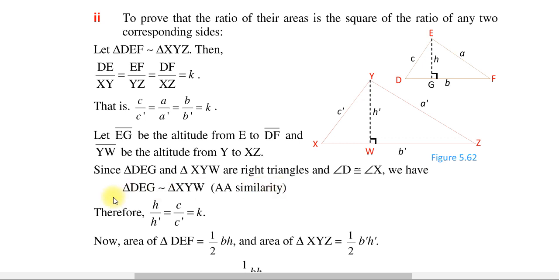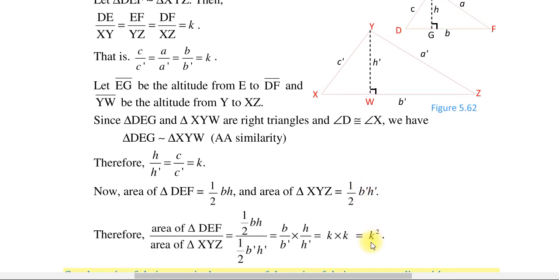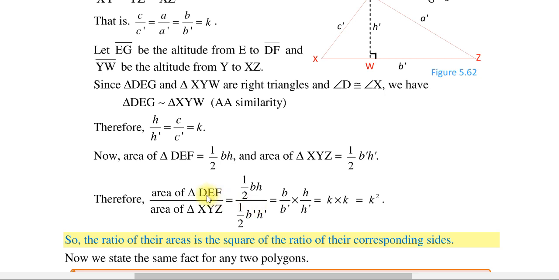Therefore H over H prime is equal to C over C prime, which is equal to K. Now the area of triangle DEF is equal to 1 over 2 base times height, and the area of triangle XYZ is equal to 1 over 2 B prime times H prime. Therefore the area of triangle DEF over the area of triangle XYZ is equal to 1 over 2 BH over 1 over 2 B prime H prime.